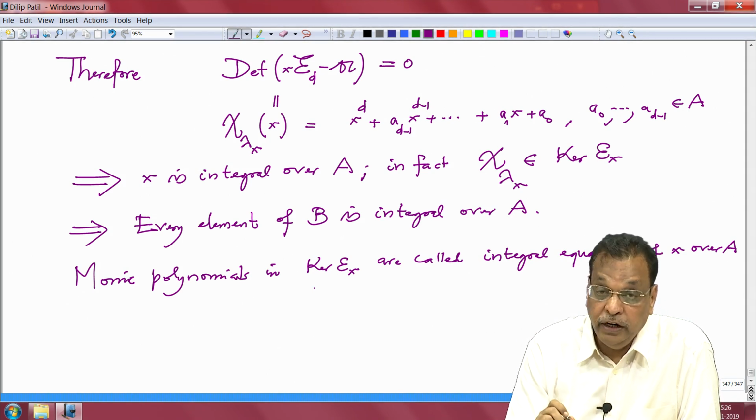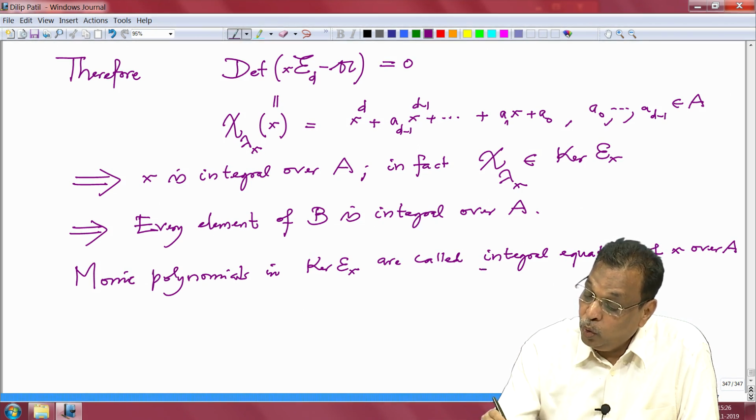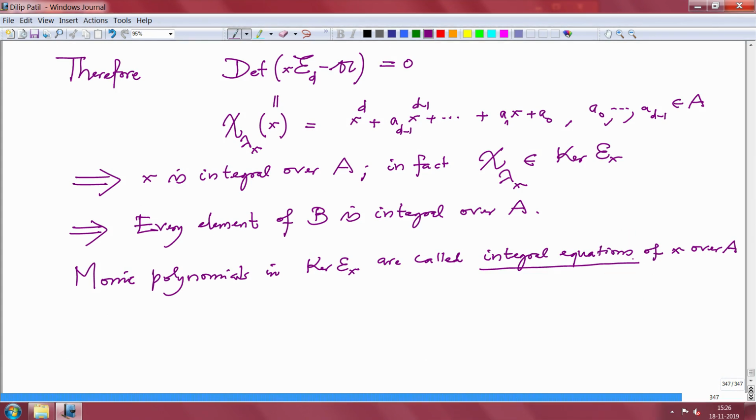In case of a field, we can get better information because we are dealing with a polynomial ring in one variable over a field, which we know is a PID, and we also know more about prime ideals and maximal ideals. They are generated by the prime polynomials and so on. So the next proposition is very important; it will give us a criterion to check when some element is integral or not.